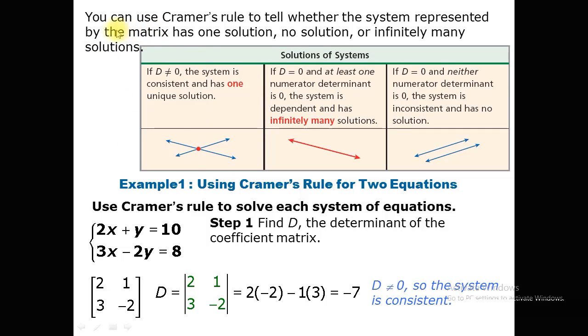Dear students, you can use Cramer's rule to tell whether the system represented by the matrix has one solution, no solution, or infinitely many solutions.